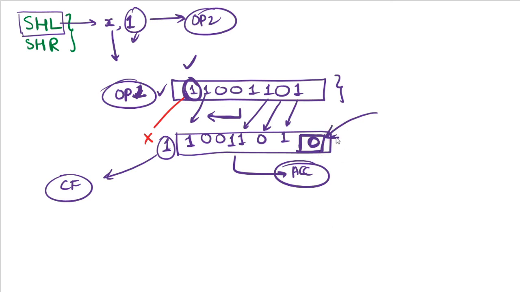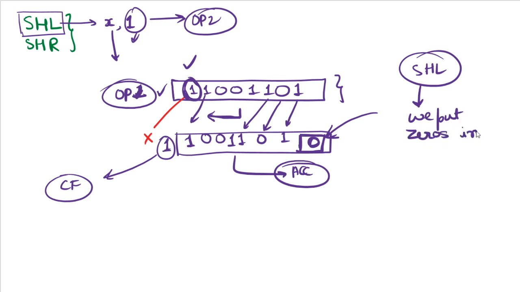What we do in shift left is, let me write it here, we put zeros in the rightmost blank spaces.